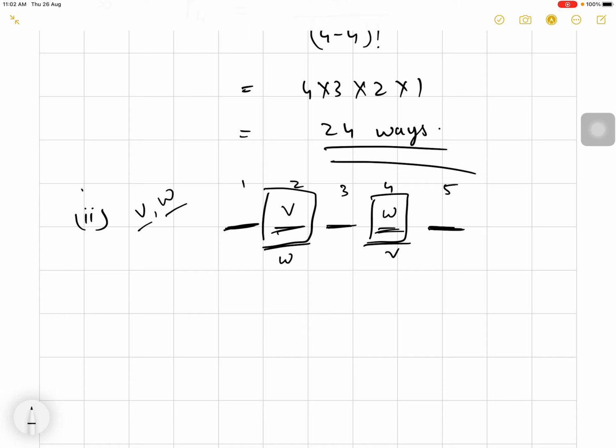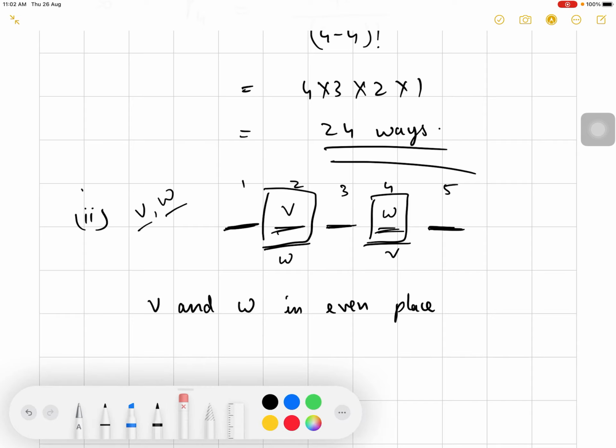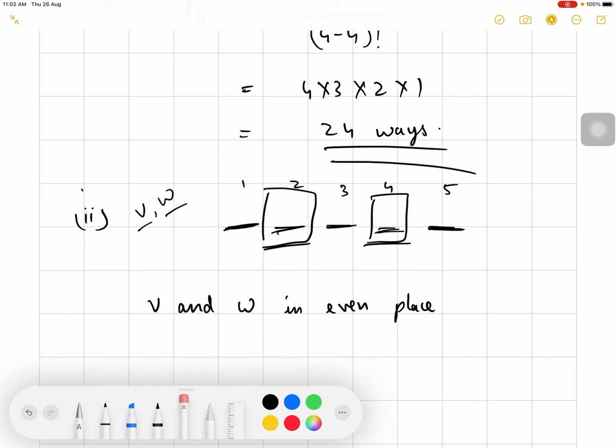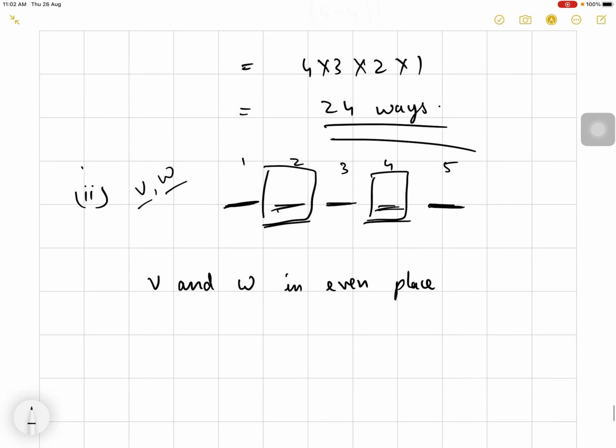I'll start writing the answer. V and W in even place. Instead of writing like this, I'll write even place, V or W, W or V. Okay, I'll write like this.